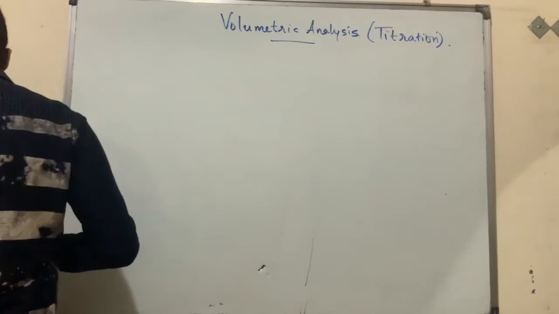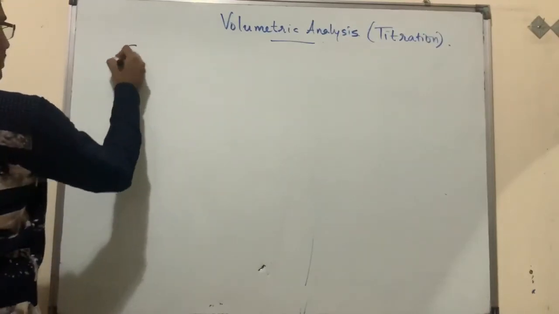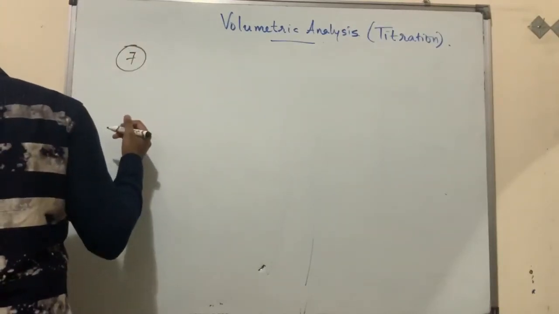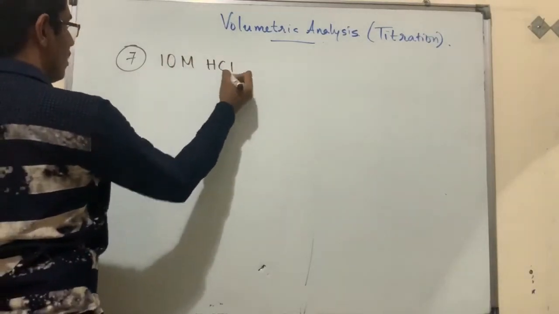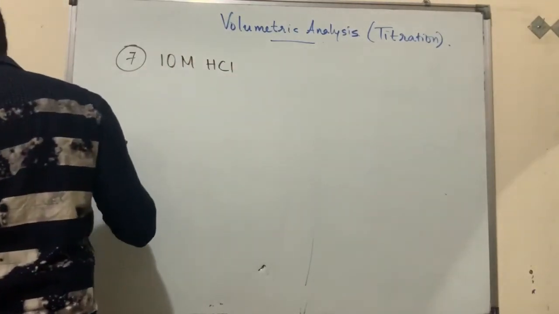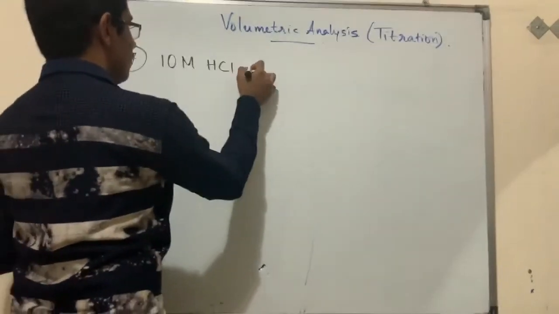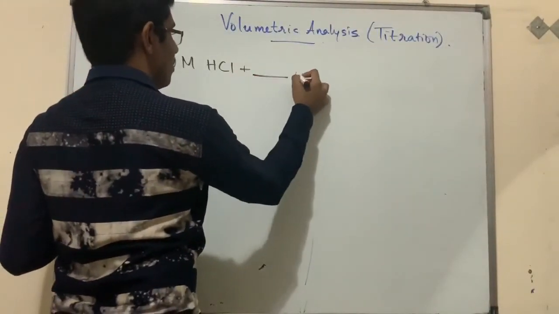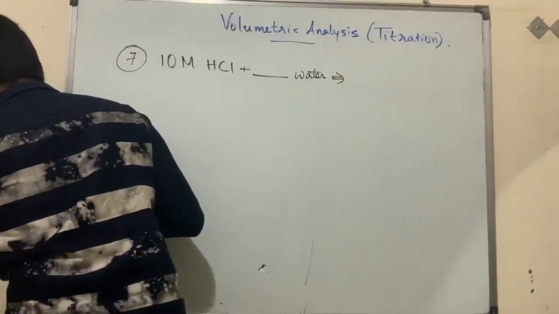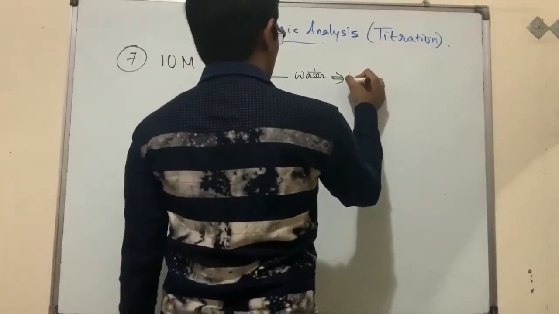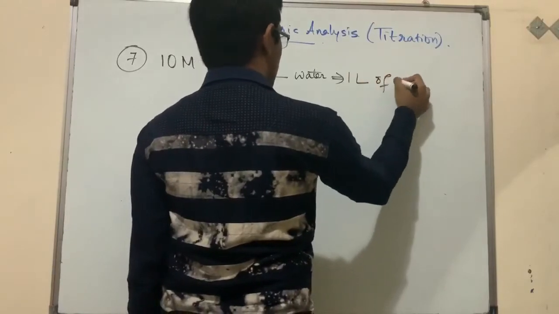Another question, seventh question. What volume of 10 molar HCl do you need to dilute with water, such that after adding water it gives you 1 liter of 1 molar HCl?